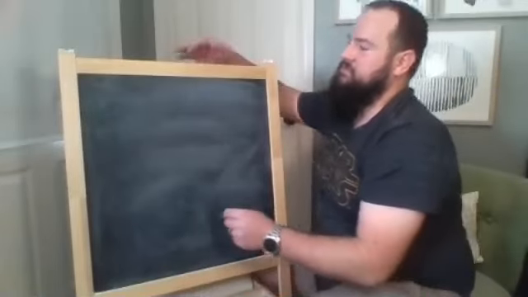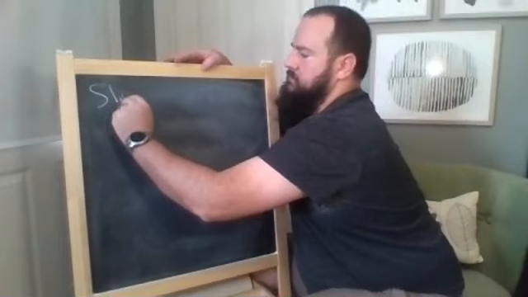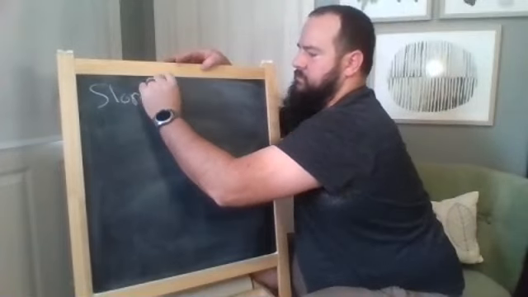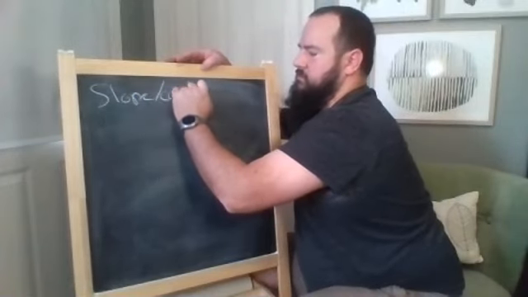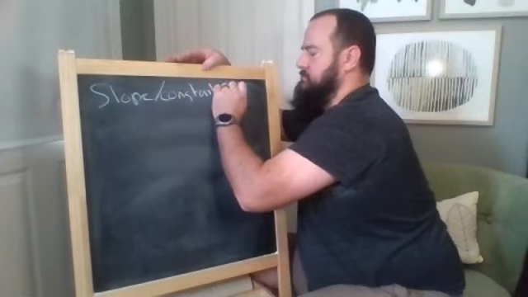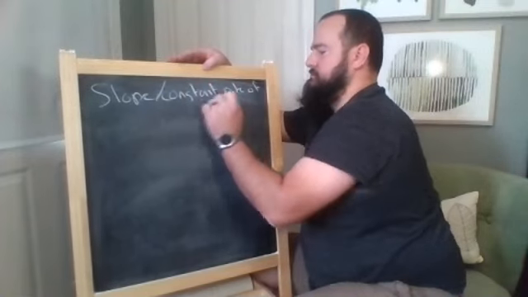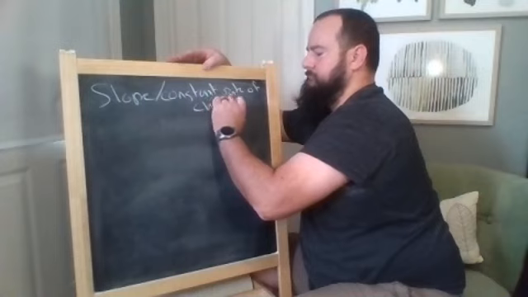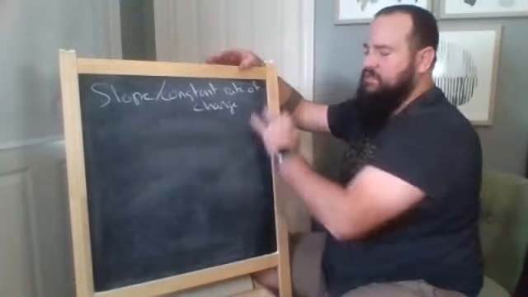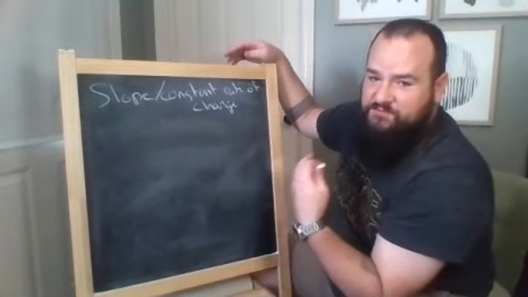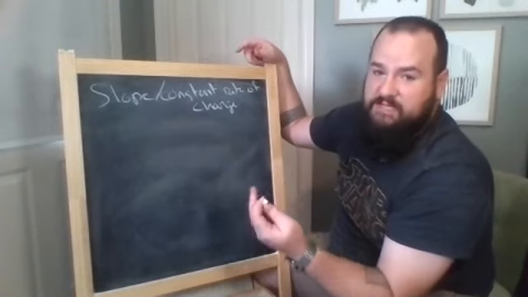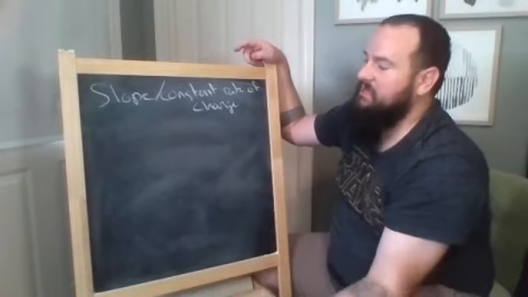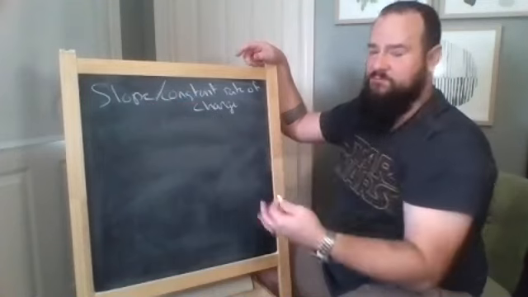So, slope, constant rate of change. I'm kind of wanting to emphasize rate of change with slope because it's going to help us later when we talk about average rate of change, kind of related back to this idea of slope that we're already comfortable with.